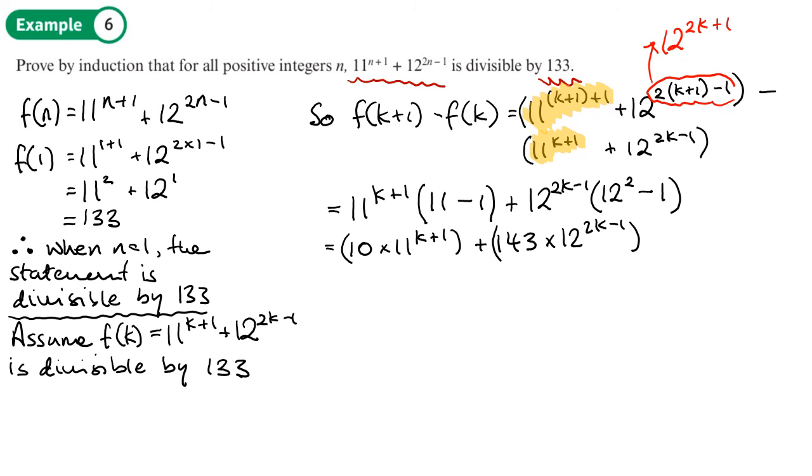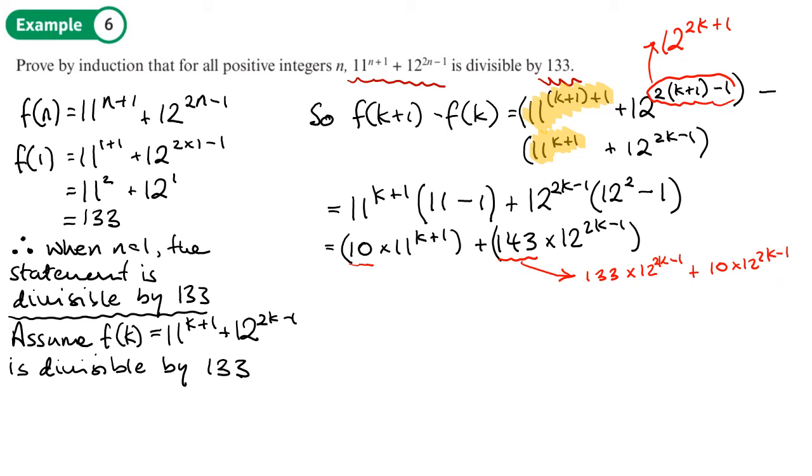Now you may notice that we've got a 10 here and a 143 here, and 143 minus 10 is 133. We could say, right, having 143 lots of something is the same as having 133 lots of 12 to the 2k minus 1 and another 10 lots of 12 to the 2k minus 1.